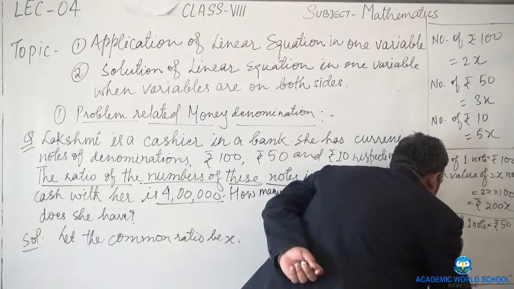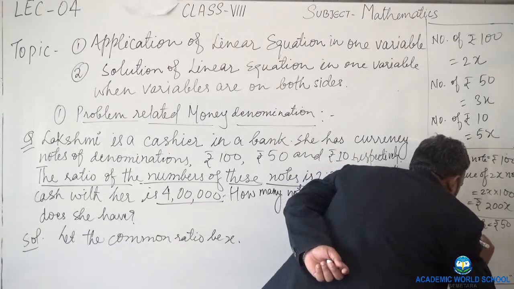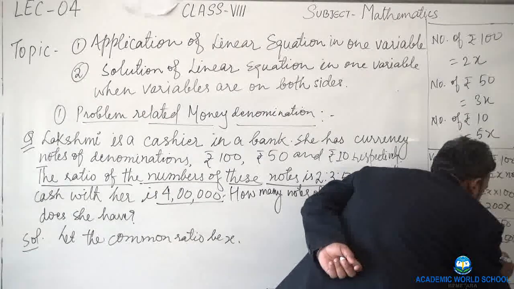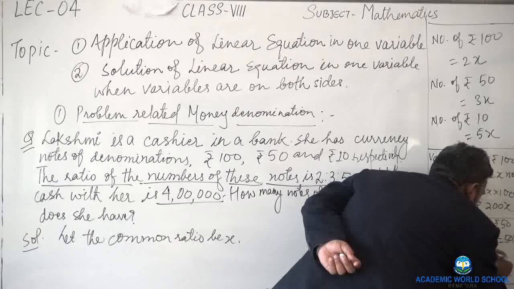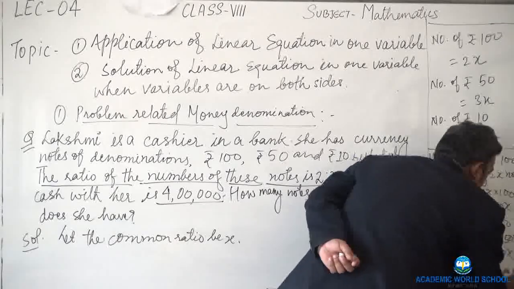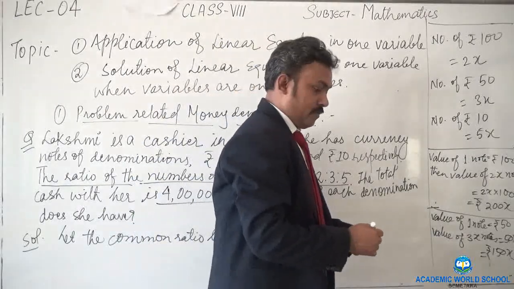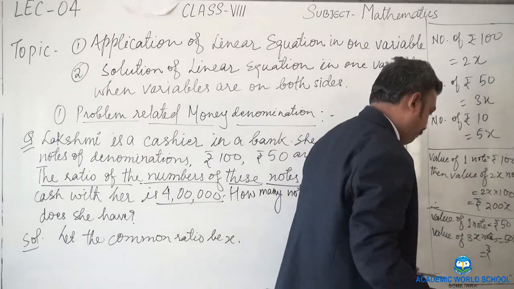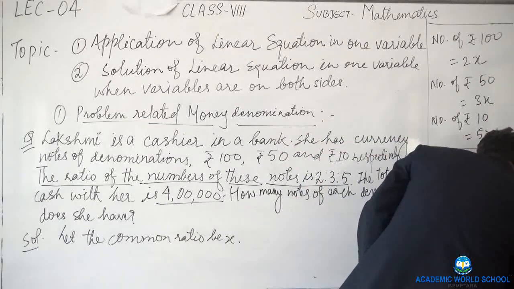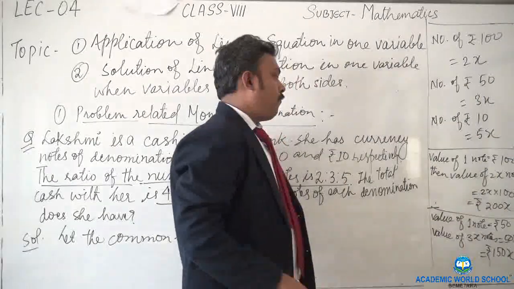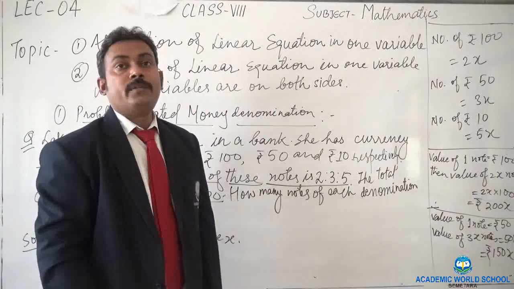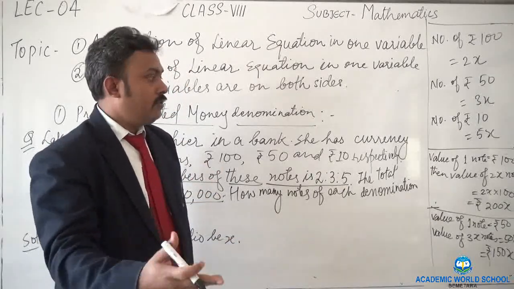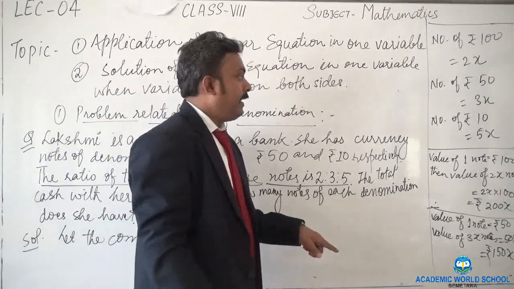So the value of 3x notes will be 50 into 3x, which will be rupees 150x. Same way, the value of one note is 50 rupees. So how many 50 rupee notes are there? There are 3x. So their value will be 50 into 3x, which is 150x.